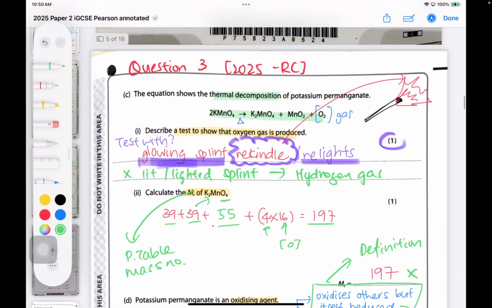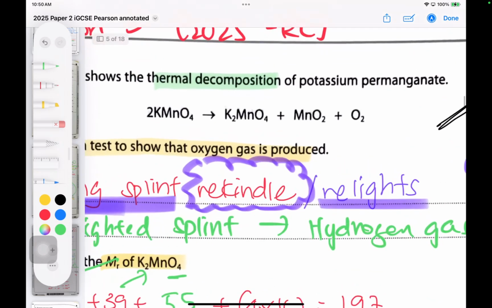The only thing that's provided for us in this case is the equation at the top, which is this one. Okay, how do I know that potassium permanganate is an oxidizing agent? You can see very clearly that at the end of it, it gives out oxygen, right? This is oxygen, so it loses oxygen. Loss of oxygen.